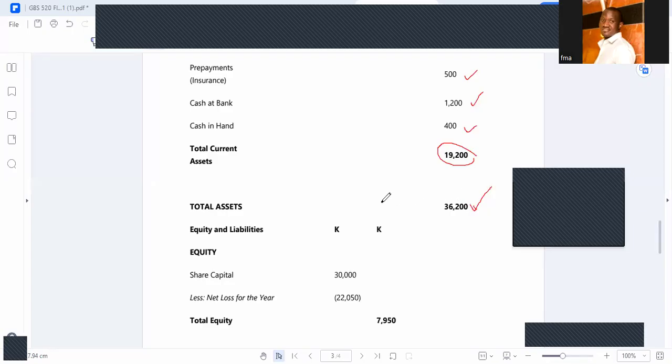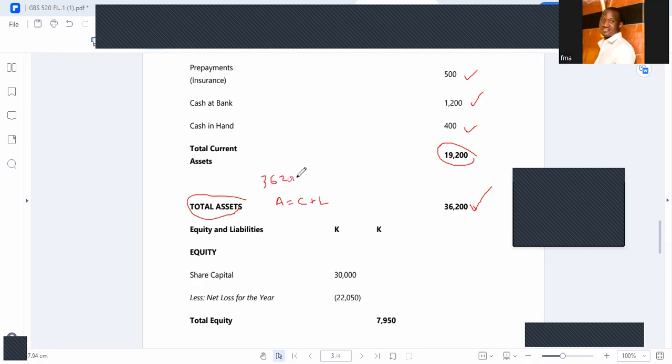Are we together so far on our total assets? So our accounting equation should be assets should be equal to what? Capital plus liabilities. Yes, so our assets were done already. This is 36,200.